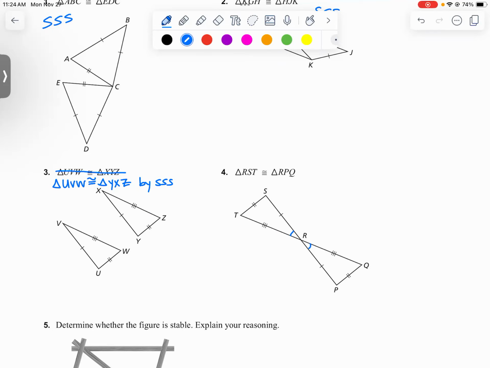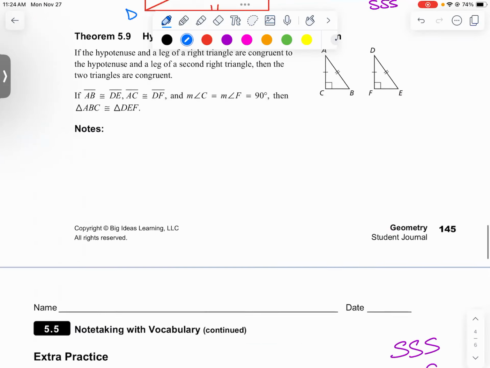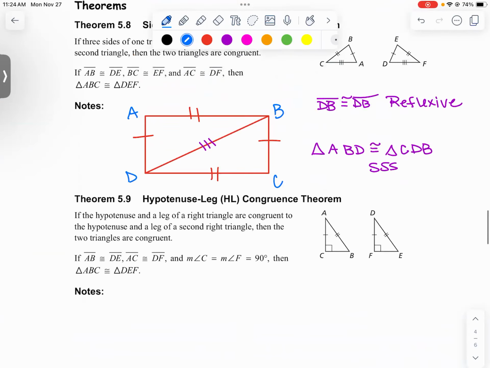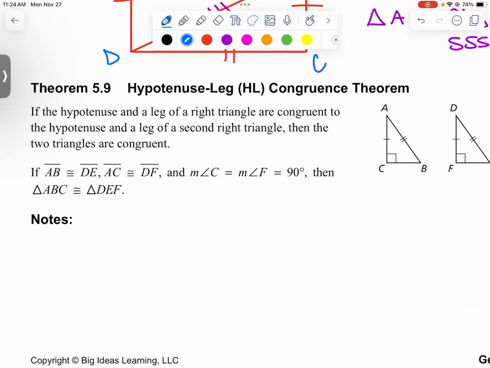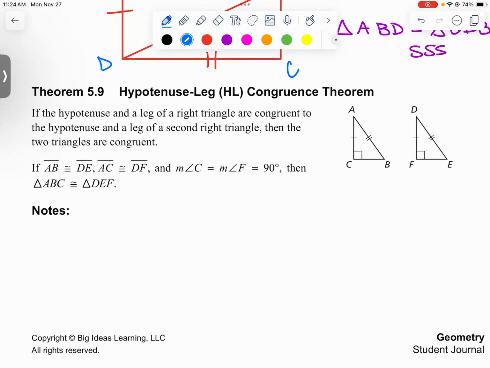Okay. Let's go back to page 145 and I want to talk about one more theorem, called the hypotenuse leg theorem. If I'm talking about hypotenuse leg, what kind of triangle am I talking about? A right triangle.